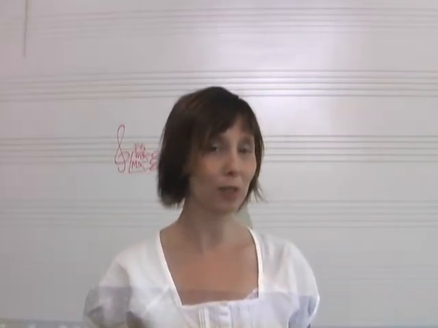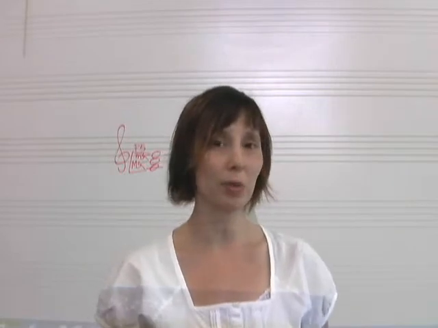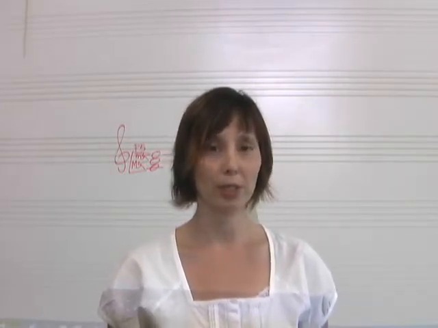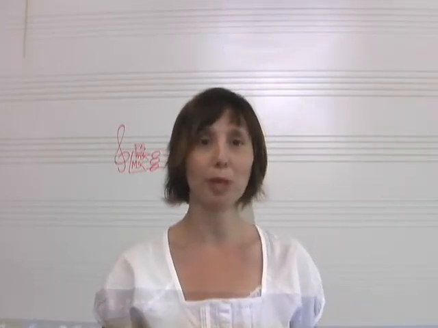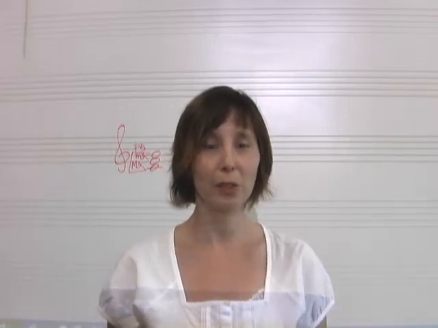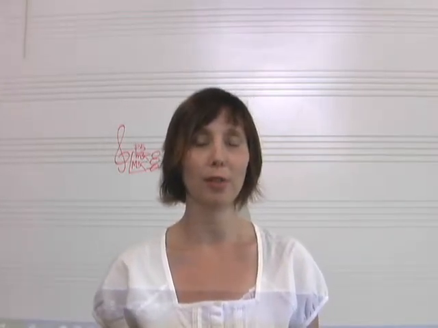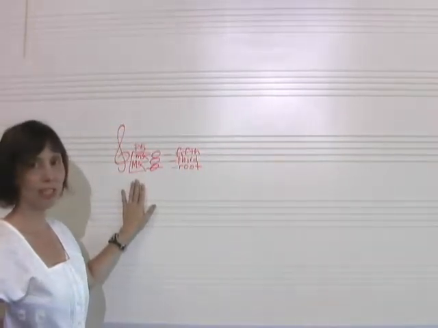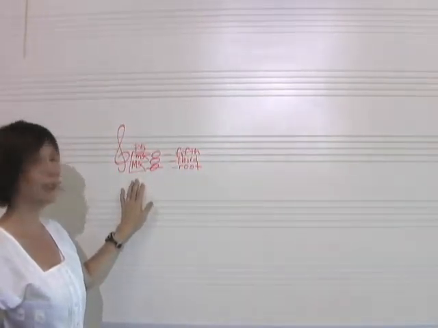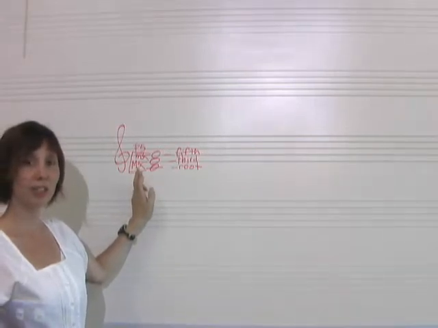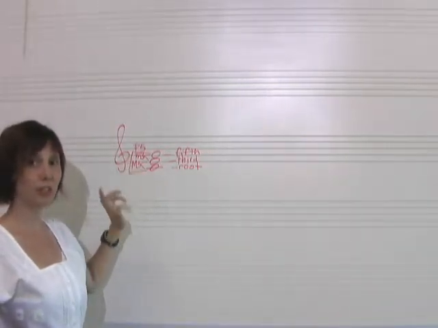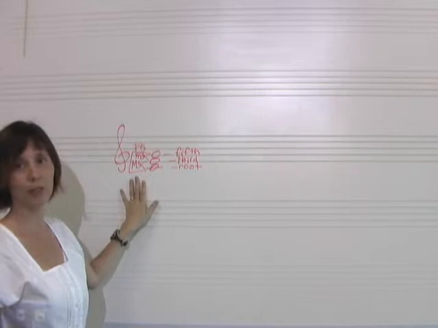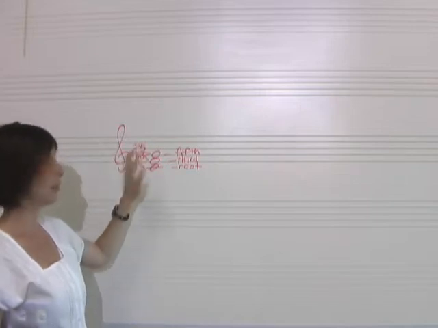Now again, if you're still having trouble identifying intervals, you really need to go back and review that before you continue on with learning about triads, because you won't be able to build triads if you can't build and identify thirds and fifths. So major triads always have a major third from the root to the third and a perfect fifth from the root to the fifth.